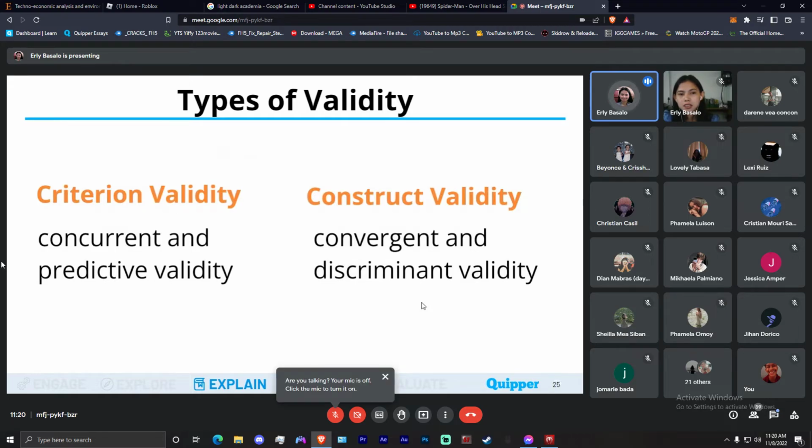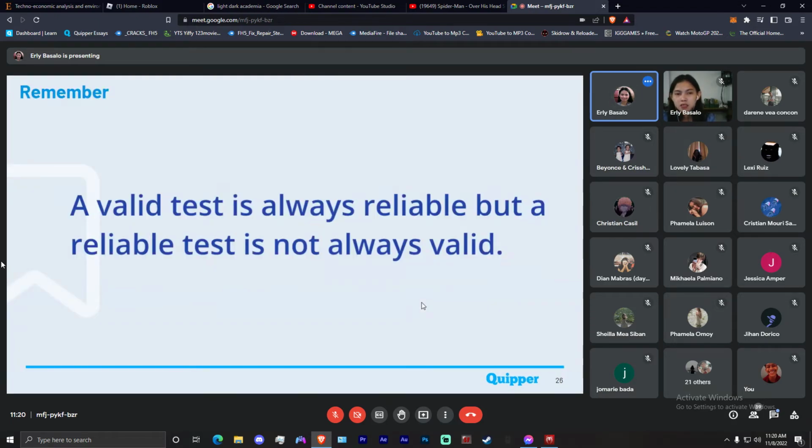Criterion validity includes concurrent and predictive validity. Then construct validity includes convergent and discriminant validity. A valid test is always reliable, but a reliable test is not always valid.